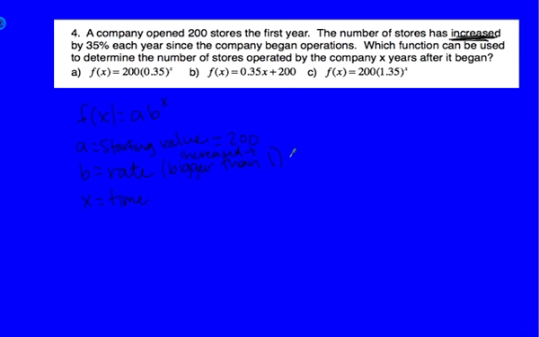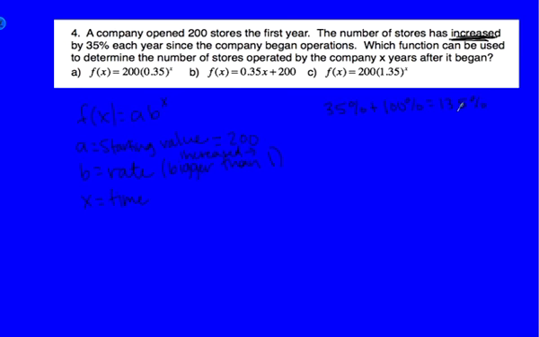So the rate that they give us is 35%. What I'm going to do is take that 35% and add 100% to it to get the percentage that it's actually being multiplied by. So 35% plus 100% gives me 135%.